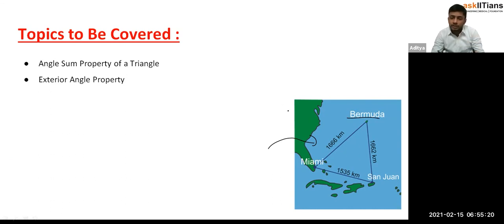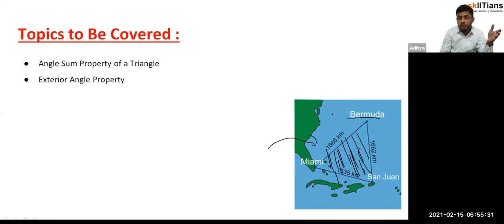Many aeroplanes and many ships have disappeared in this region, and they were never found, not even after search operations began. So, a mysterious place on Earth which is in the shape of a triangle.